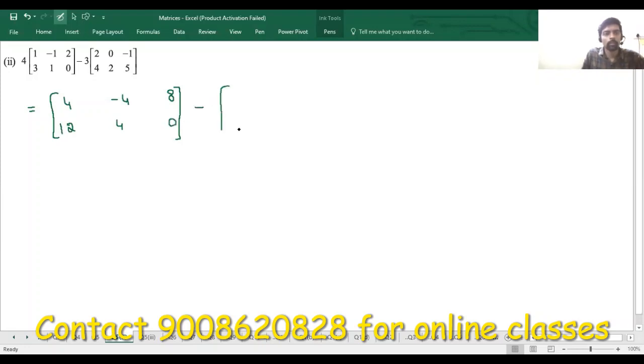Then multiply the second matrix by 3. 3 into 2 is 6. 3 into 0 is 0. 3 into minus 1 is minus 3. 3 into 4 is 12. 3 into 2 is 6. 3 into 5 is 15.